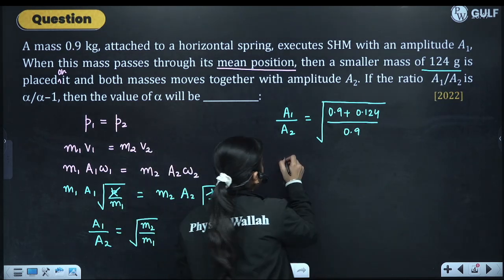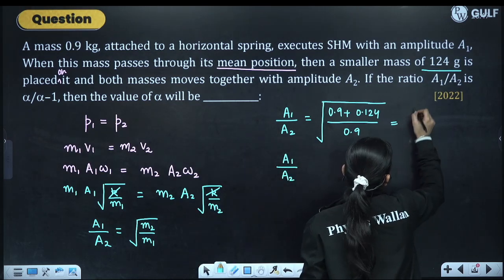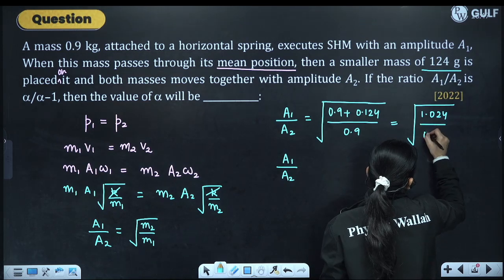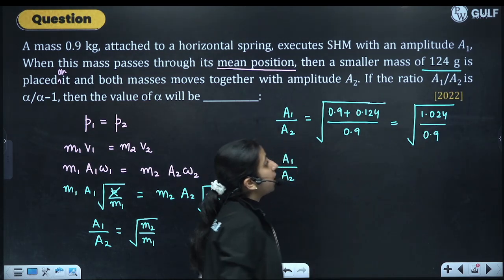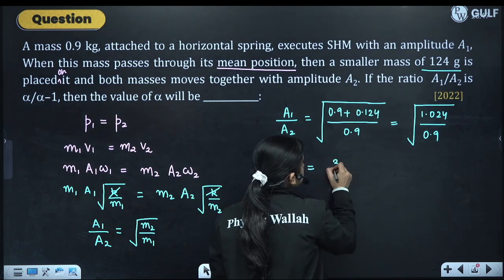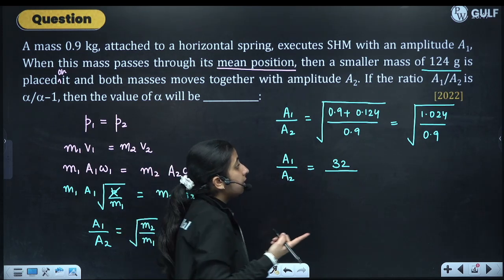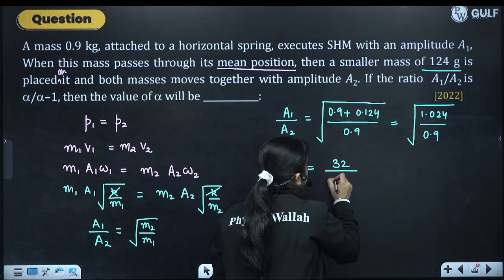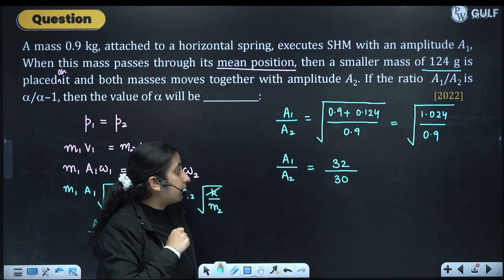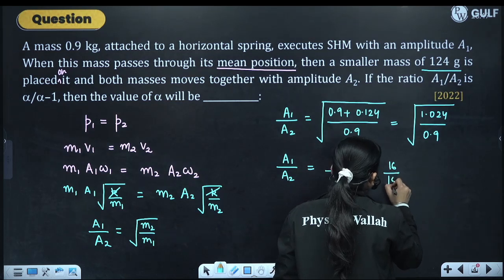When we solve this, it will be 1.024 divided by 0.9, so 1024 divided by 900. Under root of 1024 is 32, and under root of 900 is 30. So we will get a1 by a2 as 16 by 15.